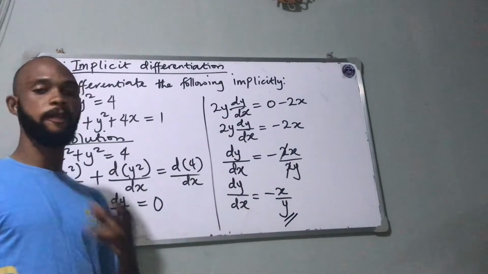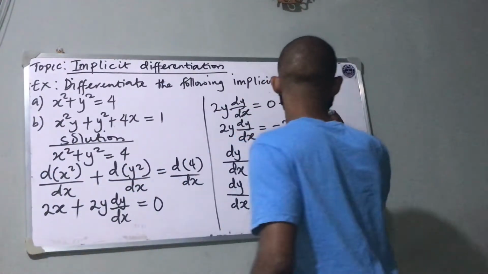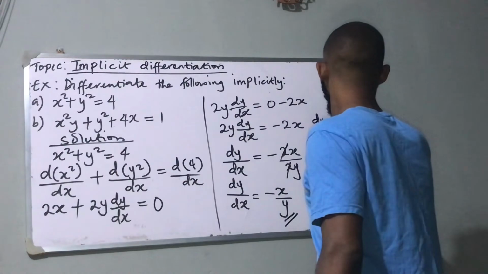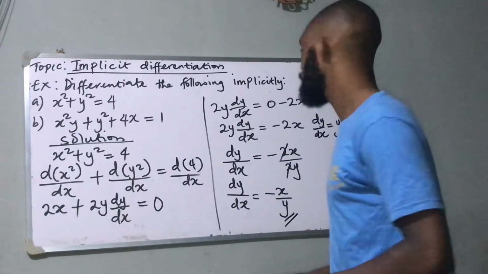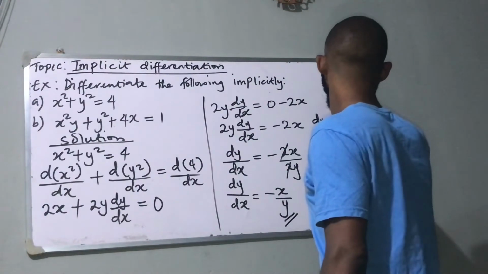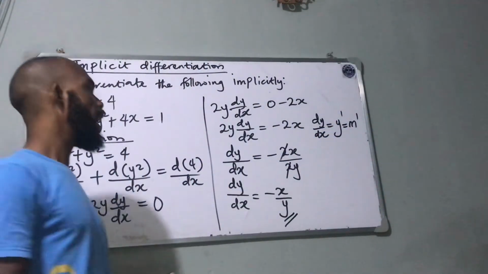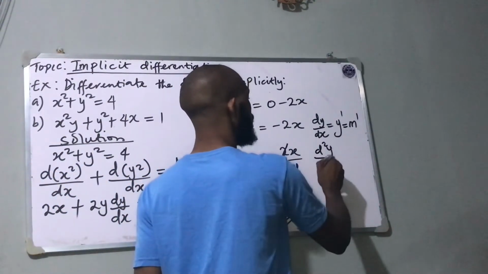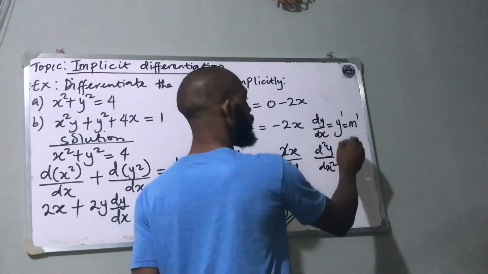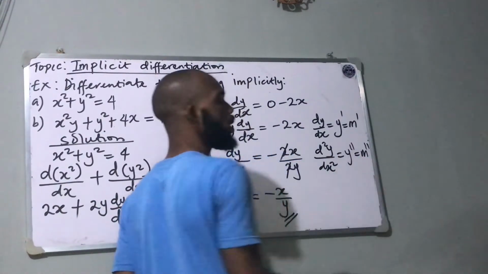We also call this the first derivative, because dy over dx is the same thing as y prime. That's the first derivative, and it's still the same thing as m prime. So if I differentiate again, I should have d squared y over dx squared, and this will give me y prime prime, which is the same thing as m prime prime.